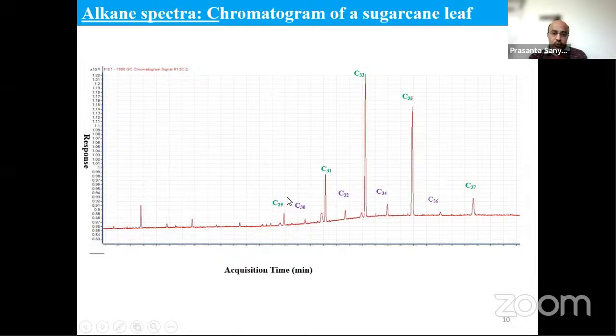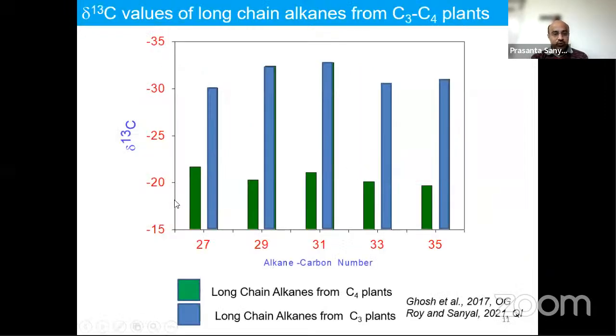Now, once you know that the alkanes are characterized like this in terms of their abundances, you also need to calculate the carbon isotopic composition of this chain for both C3 and C4 plants. And that is what we have done.